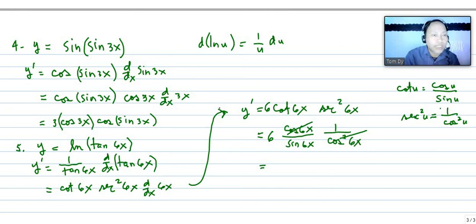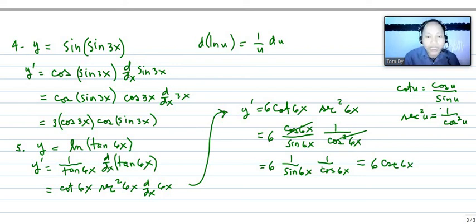And then we have here 6 times 1 over sine 6x, and then this one 1 over cosine 6x, and that is equivalent to 6 times 1 over sine 6x, that is equivalent to cosecant 6x, and 1 over cosine is secant 6x. So cosecant times secant, this will be our final answer.